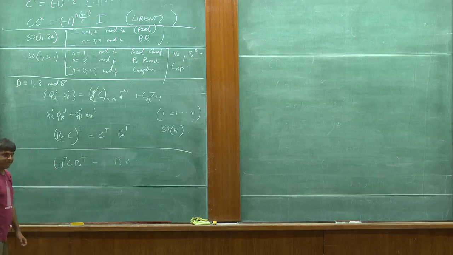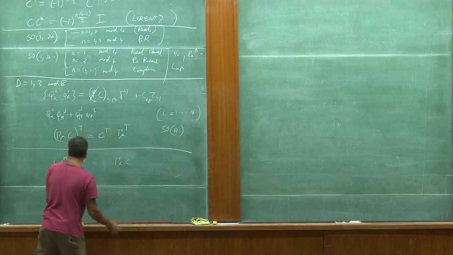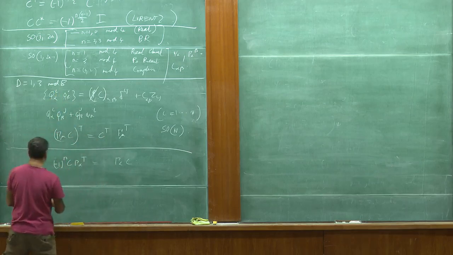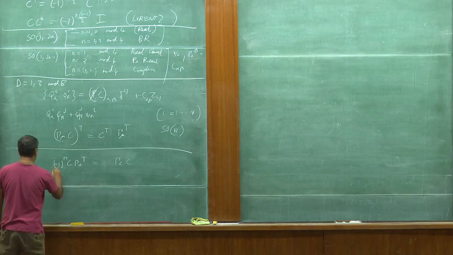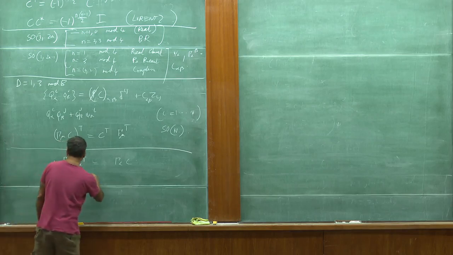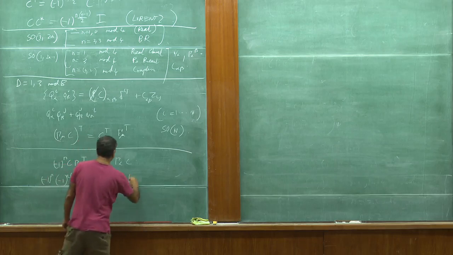But we've got a C transpose here. So this is true, but C transpose and C are related by this extra factor. So we have minus 1 to the power n times minus 1 to the power n(n+1)/2 times C transpose gamma alpha transpose is equal to gamma alpha C.